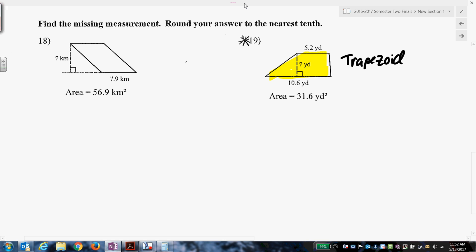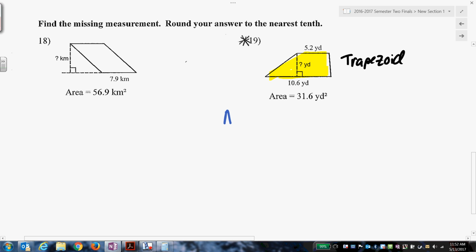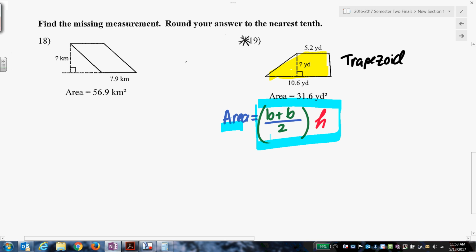So what you want to do is write out the area equation for a trapezoid, which includes the average of the bases times the height. Always write your equations, two sides with an equal sign.